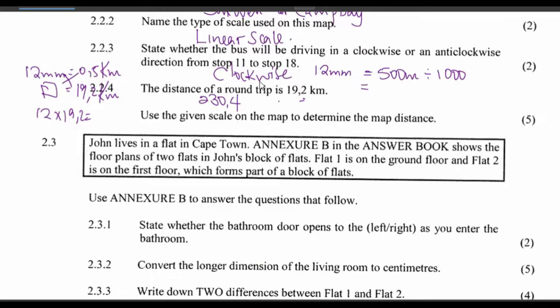Remember these are kilometers, so you need to change them to millimeters. You divide by 0.5.